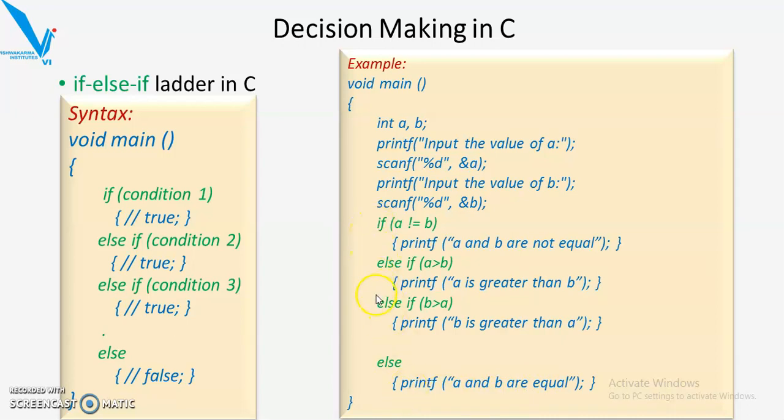If all three conditions fail, it will print A and B are equal. So this is the example of the if else if ladder in decision making in C.